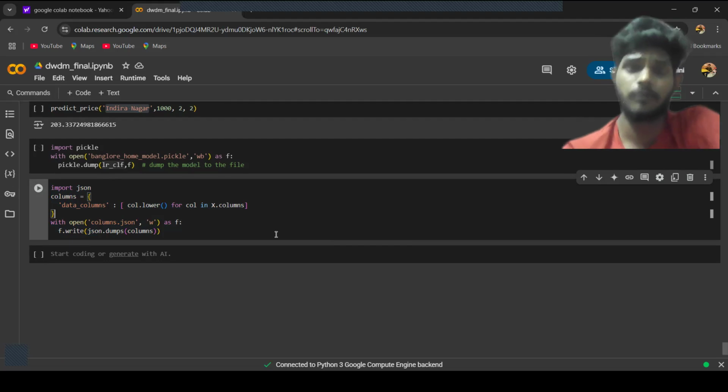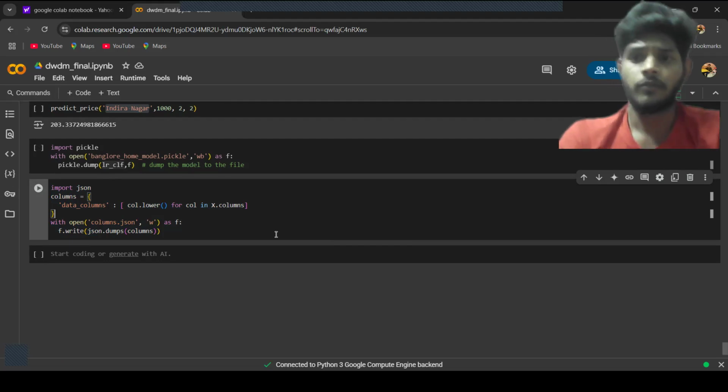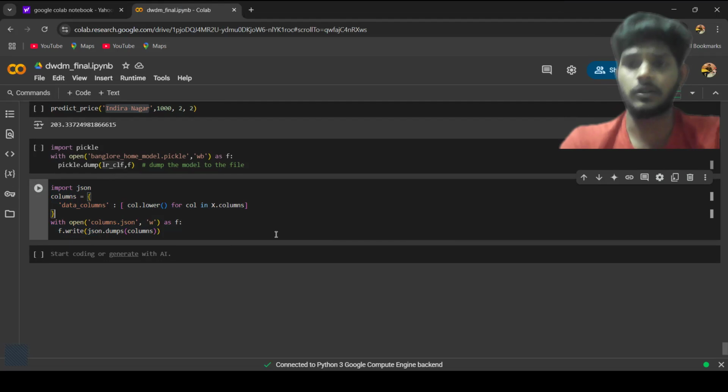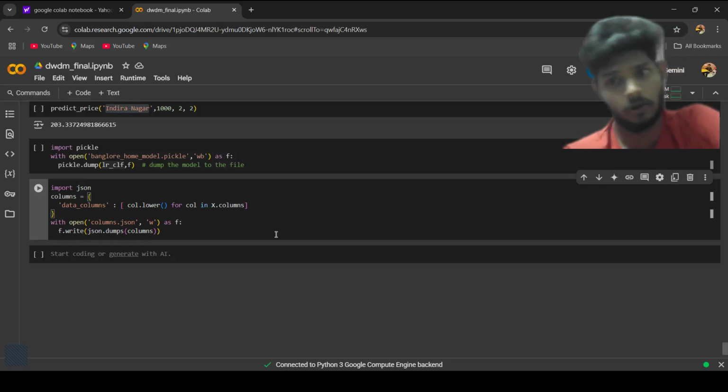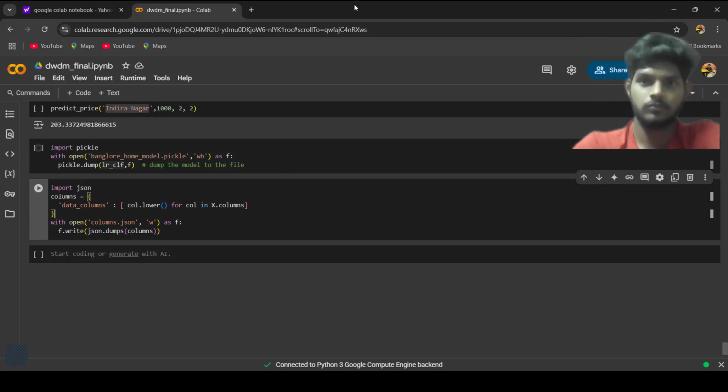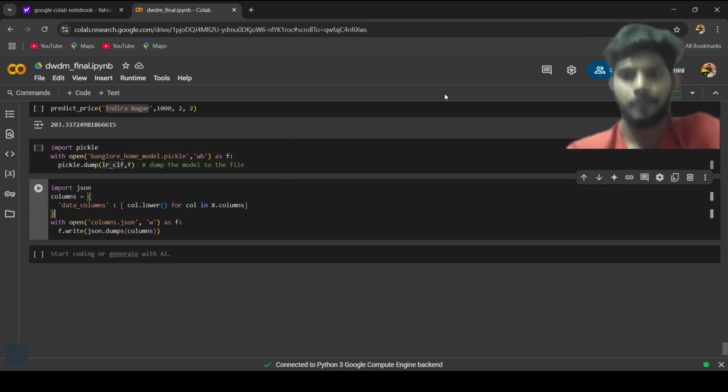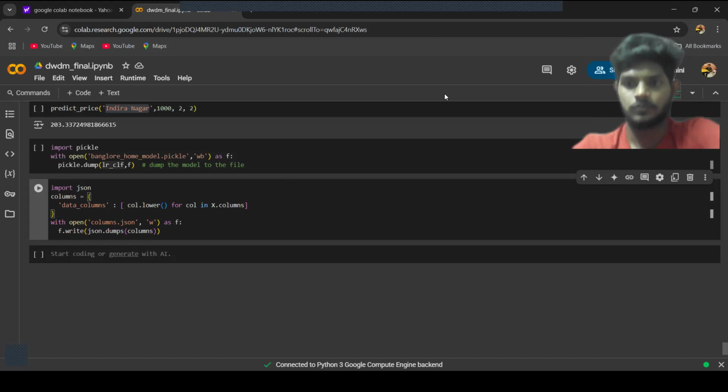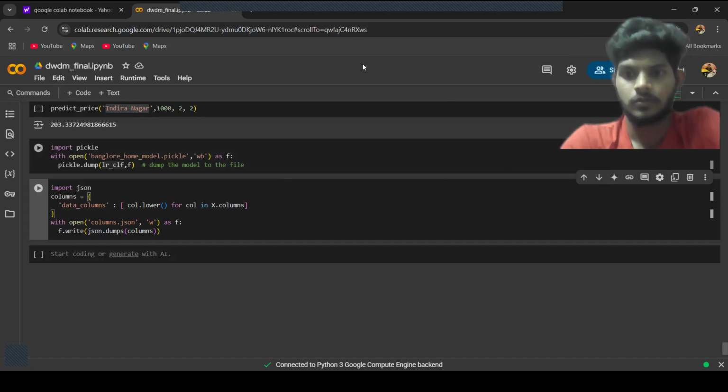And in our project, the tools and technologies used are Python, Pandas, NumPy, Matplotlib, Seaborn, sklearn, Jupyter Notebook, and Google Colab also. Okay, thank you.